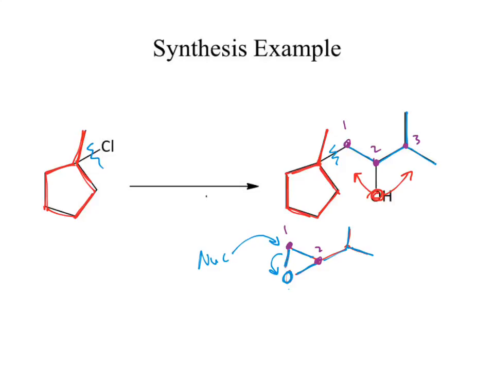Okay? So our nucleophile needs to come in as what charge? Negative. What species is our nucleophile? Neutral. Red or blue? No, red, our red structure.